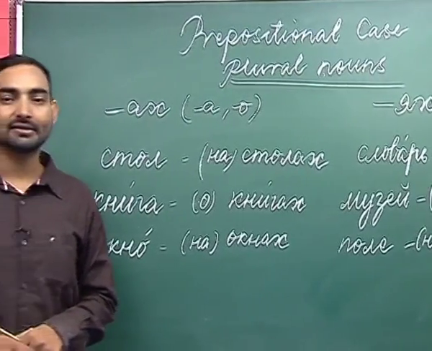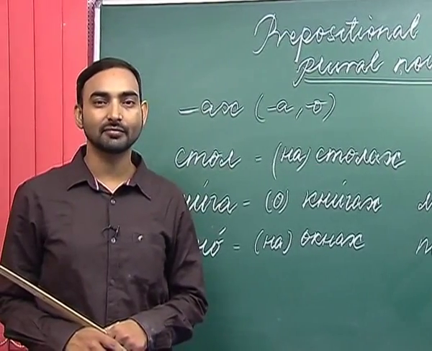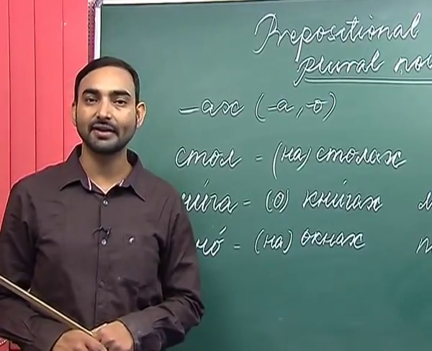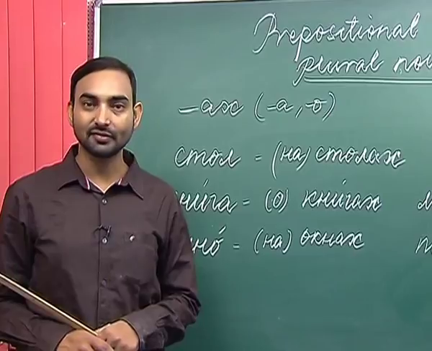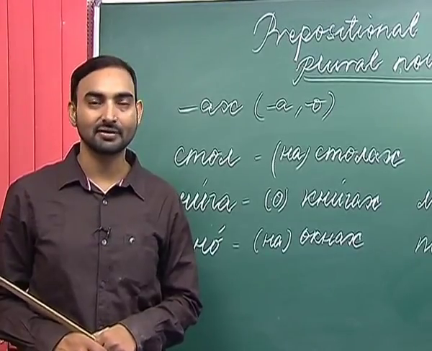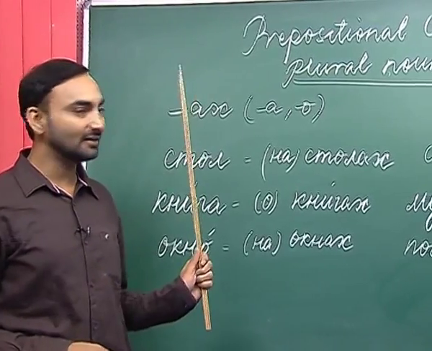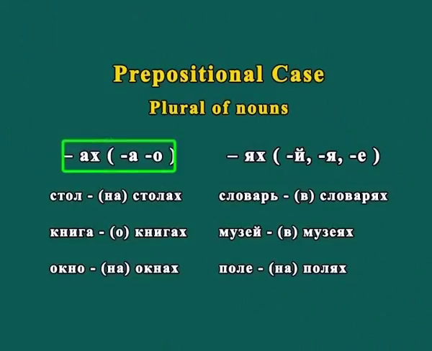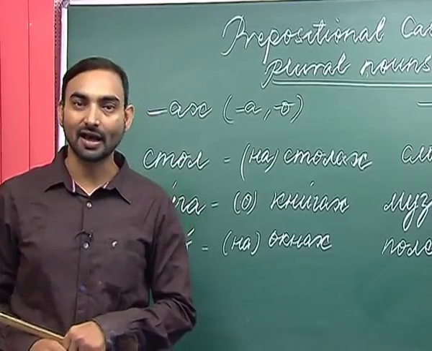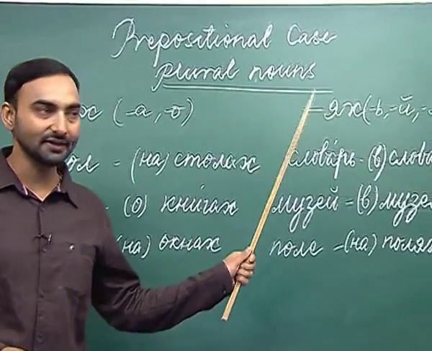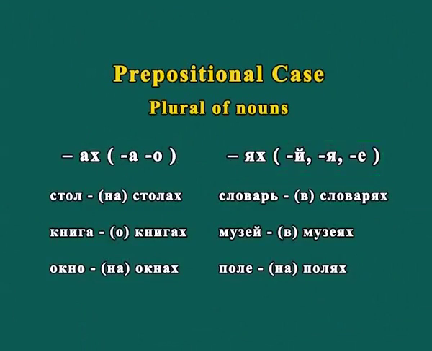As we have already learnt, nouns have been broadly classified into two groups on the basis of their endings: hard ending nouns and soft ending nouns. Hard ending nouns are the nouns which end in either a hard consonant or a or o, and soft ending nouns are those nouns which end in either a soft sign, e kratkoe, ya or ye.